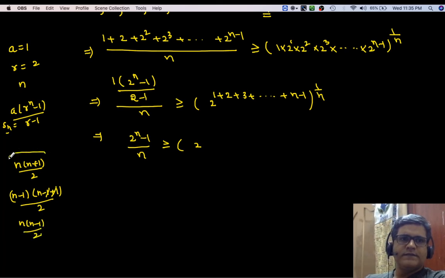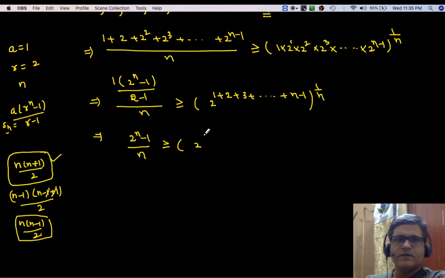So this is sum of n natural numbers, this is sum of n minus 1 natural numbers. Here sum of n minus 1 natural numbers is what? N into n minus 1 by 2 power 1 by n.